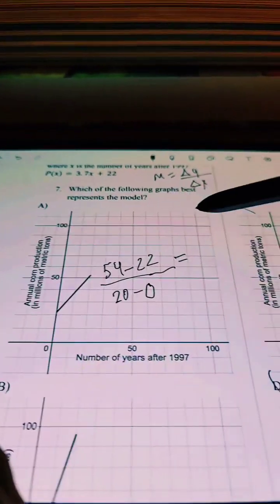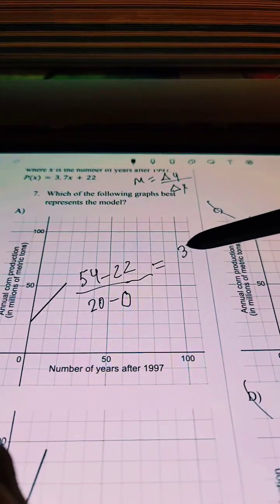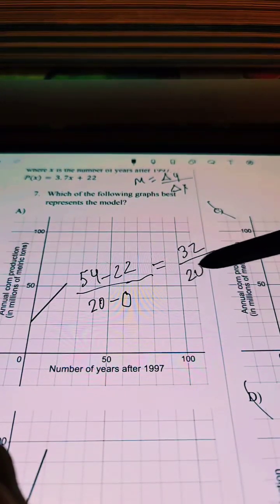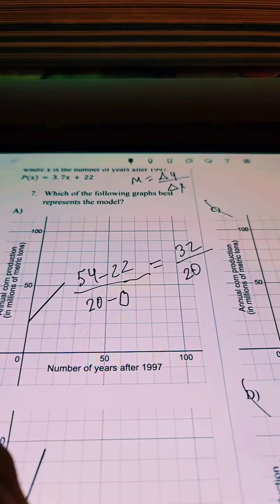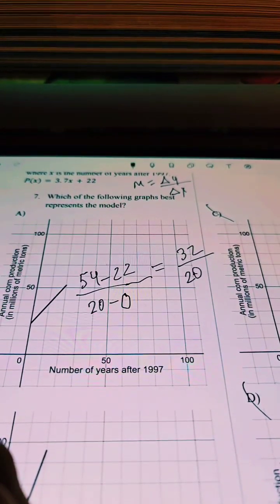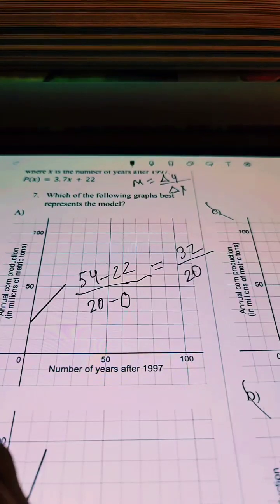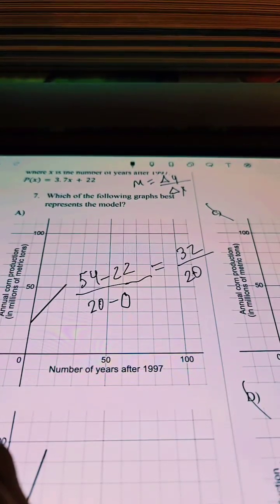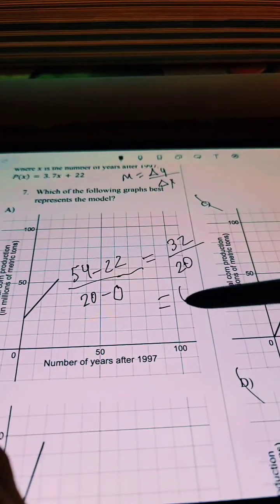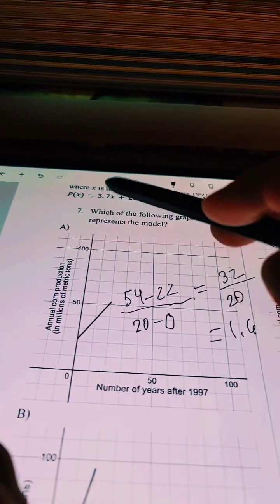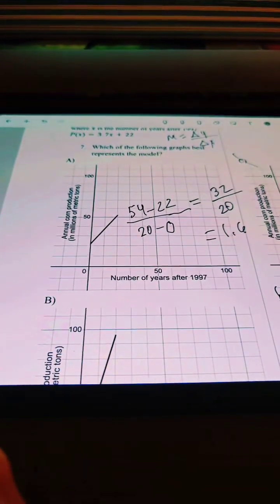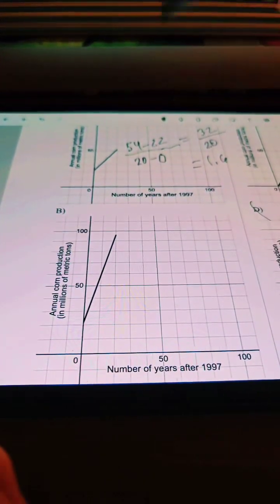So this is going to be 32 divided by 20. Let me put that into the calculator. 32 divided by 20 is going to be 1.6. So that's way off, so it's probably going to be B, but let's prove it to ourselves.